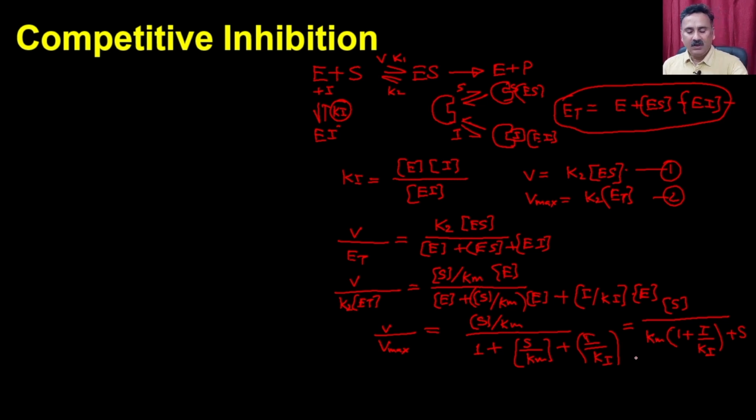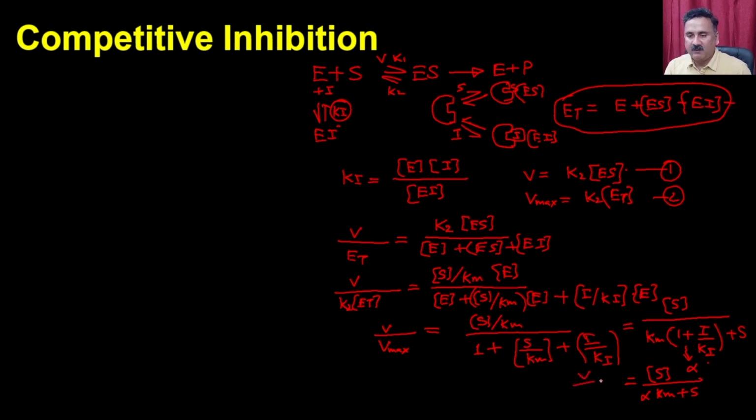Now, if I show you the reactions, this whole thing I can convert. If I assume 1 plus I by Ki as alpha, then it is going to be called S divided by alpha Km plus S. So it can be like this, and this is very important.